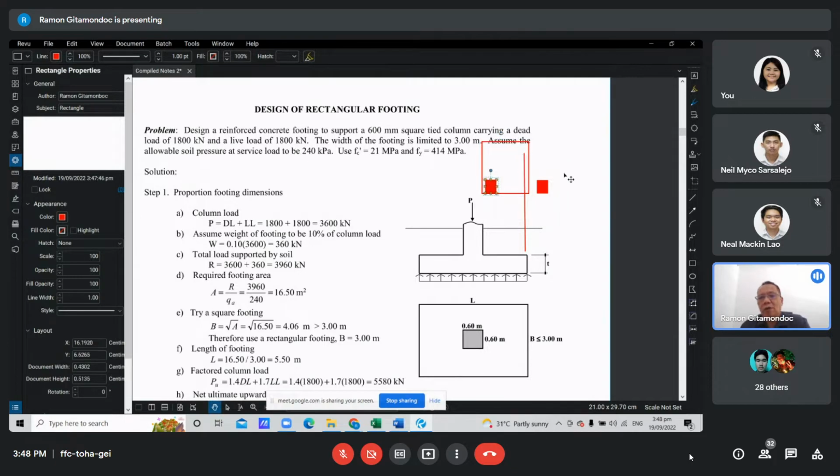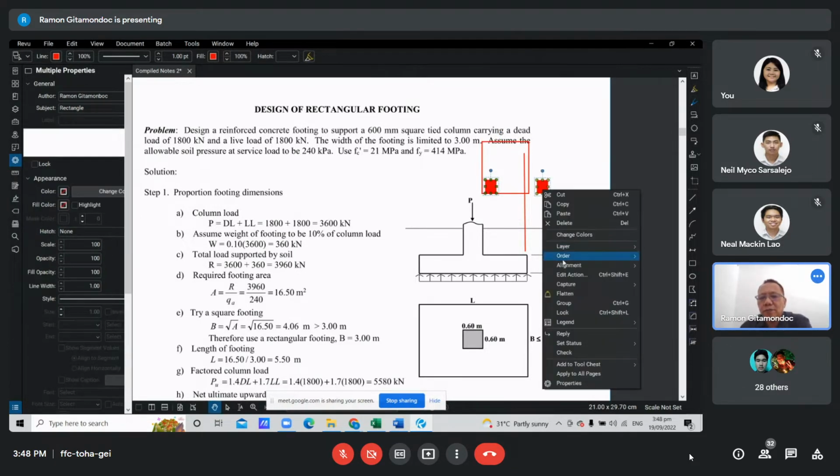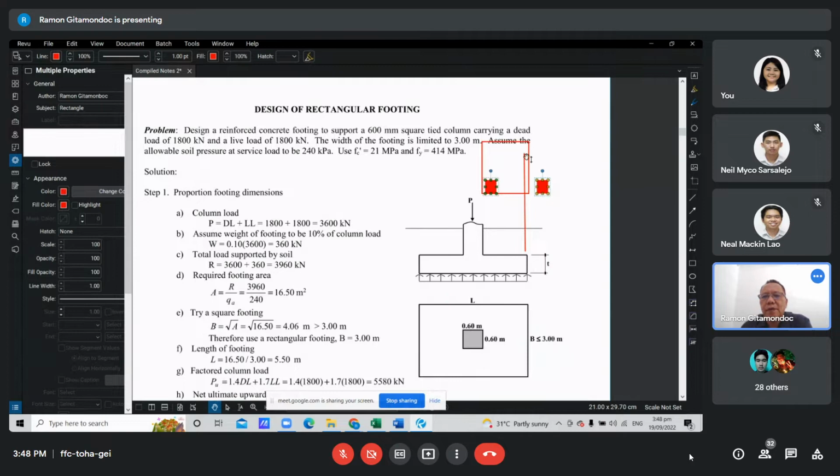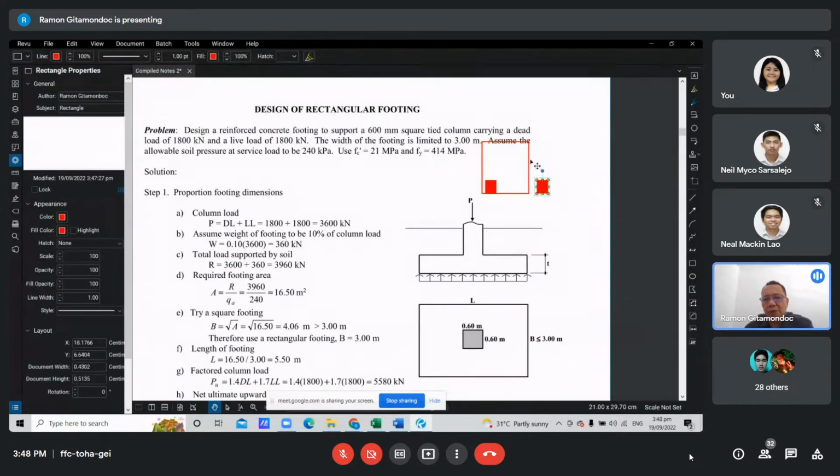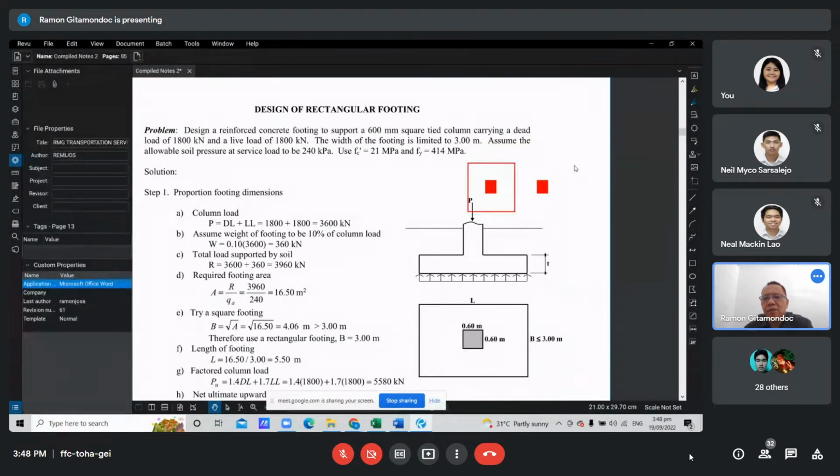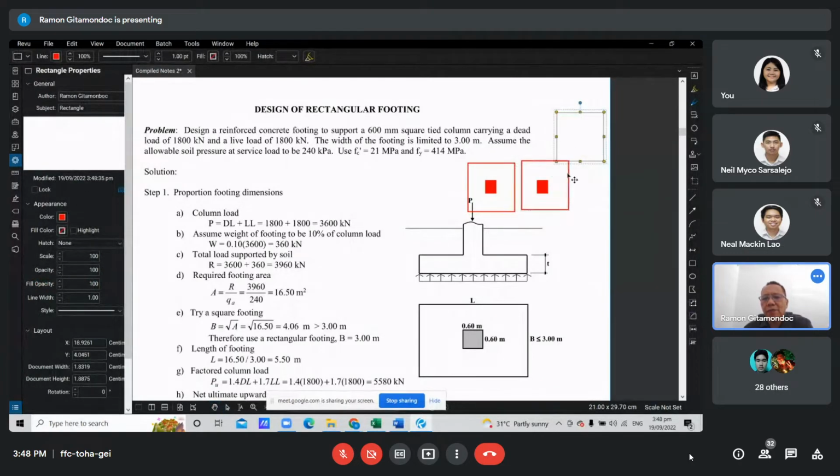Pananglitan kung duha ka column nga dool kayo ang ilang location. Kung mo gamit tag square footing, gawas nga ang ilang footing area mag-overlap na no. So kung i-narrower ang mga footing, but to compensate or to maintain the same area, mugawas nga mas longer no ang footing sa usa ka side.